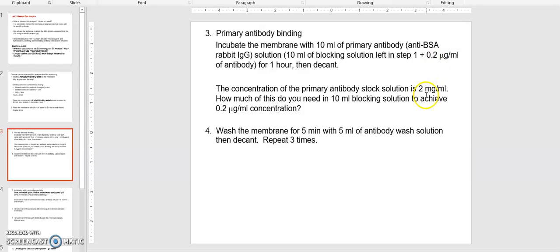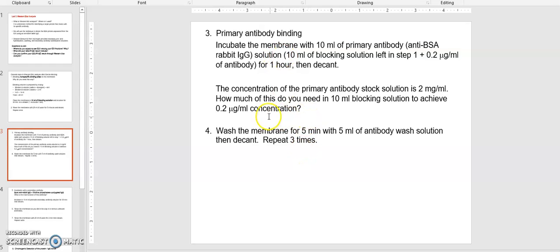So how do you get 2 microgram? This concentration, 2 milligram per milliliter, equals 2 microgram per microliter. So you need 1 microliter of that. That will give you 2 microgram of your antibody. So add 1 microliter of your antibody stock solution to the 10 ml of blocking solution. That will give you your primary antibody binding solution. Make sense?